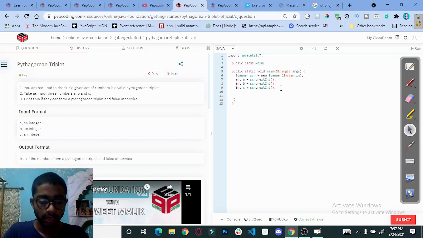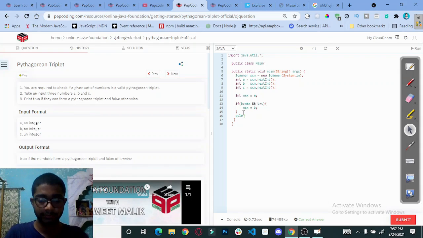Now I am assuming that the value of maximum is a. If the value of b is greater than maximum, and also greater than the value of c, that means the maximum value is b.